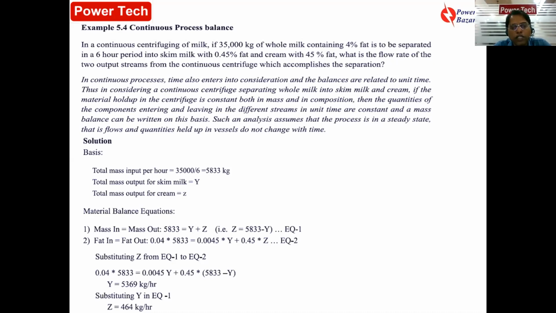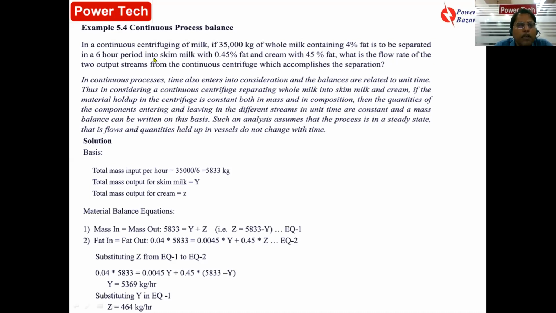Material balance is very important because it helps increase the product yield. That means it minimizes waste and increases the productivity or yield of any product.